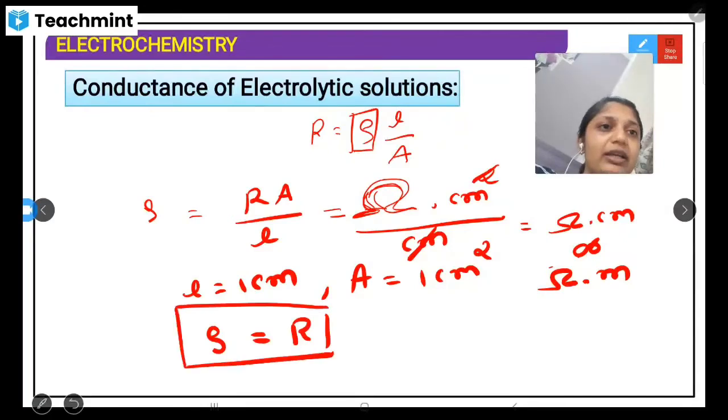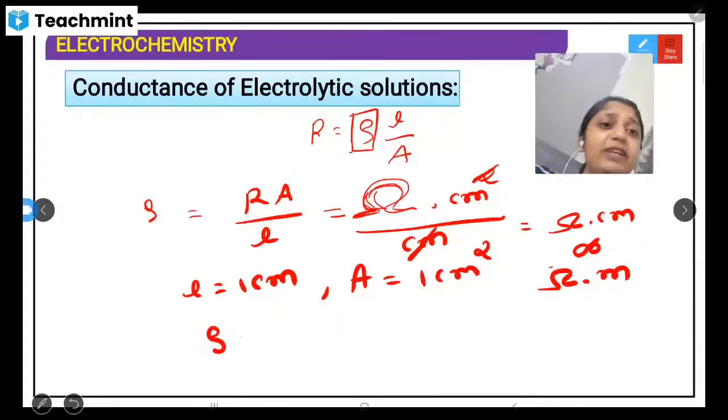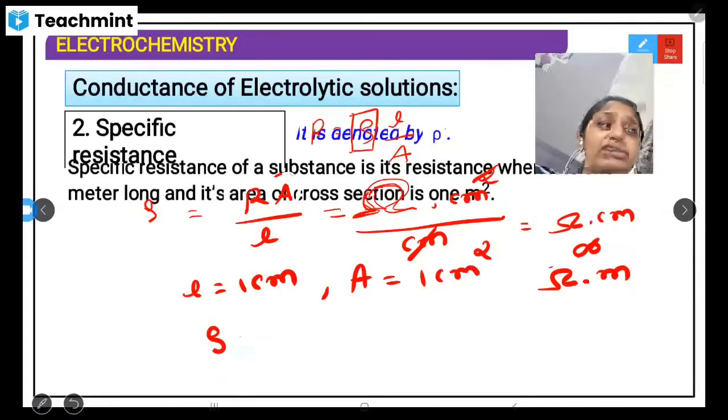If you keep the value of area as 1 and the value of length as 1, then your rho, that is specific resistance, is equal to resistance R.